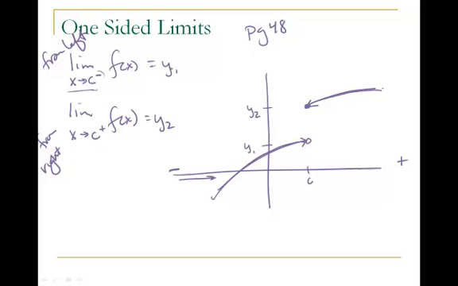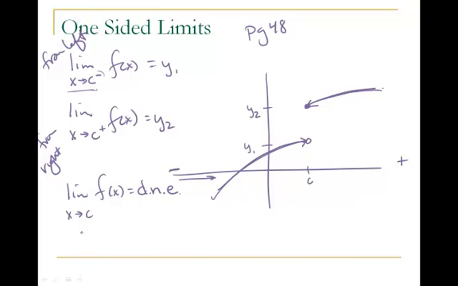So you can see that the limit from the left is a different value from the limit coming from the right. So we can say that there is a left-hand limit. It is y sub 1. There is a right-hand limit. It is y sub 2, but the limit as x approaches c, which means from either side, does not exist.